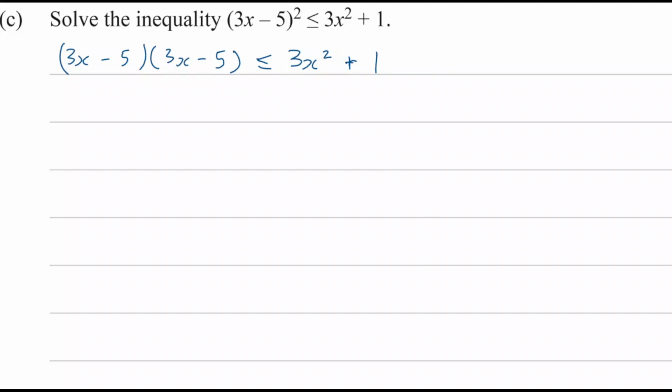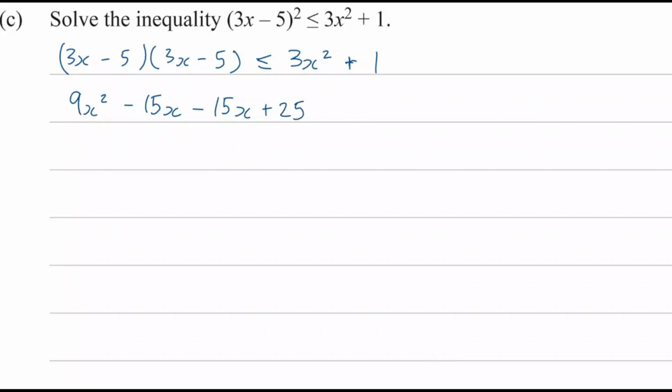So back to the left-hand side, 3x times 3x, we'll FOIL this out, becomes 9x², and then −15x, −another 15x, and then careful here, −5 times −5 is +25.